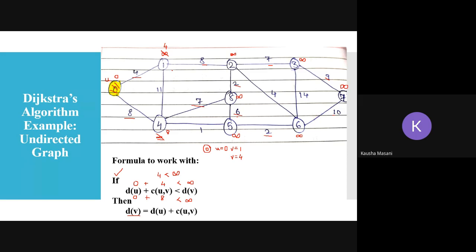So your vertex 1 will be your next source. I'll highlight it. This one is going to be your next source. Now tell me guys, students, from 1 directly, how many vertices can I reach?